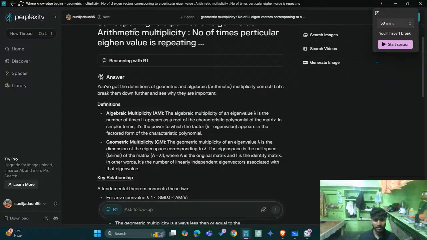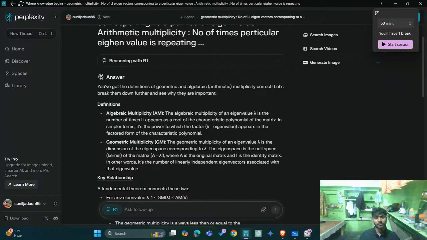So algebraic multiplicity of an eigenvalue lambda is the number of times it appears as a root of the characteristic polynomial of the matrix. In similar terms, it is the power of the factor. The geometric multiplicity of eigenvalue lambda is the dimension of the eigenspace.